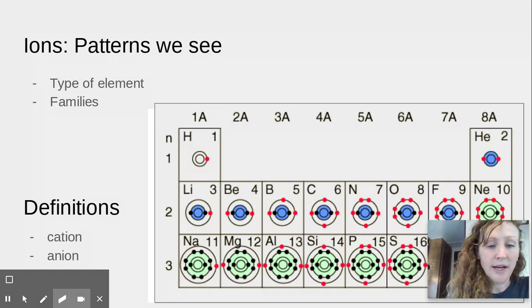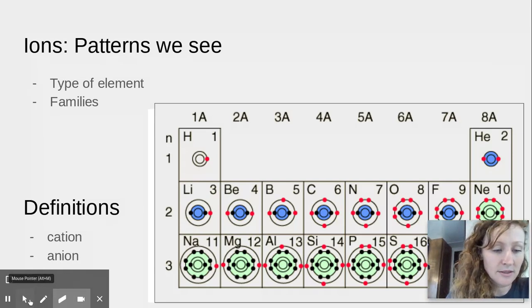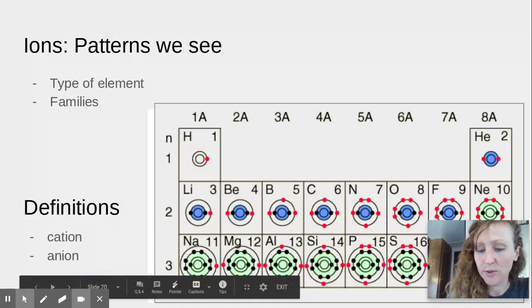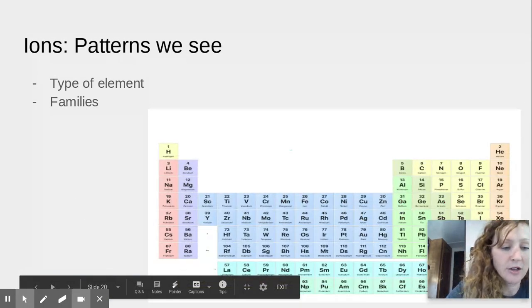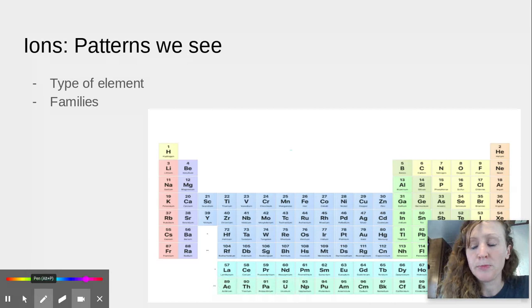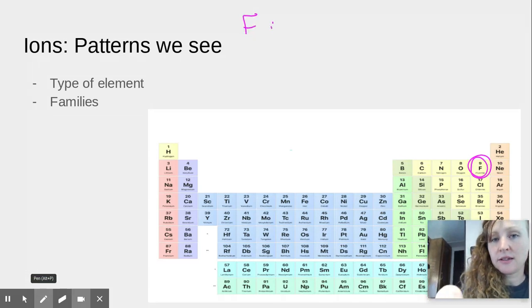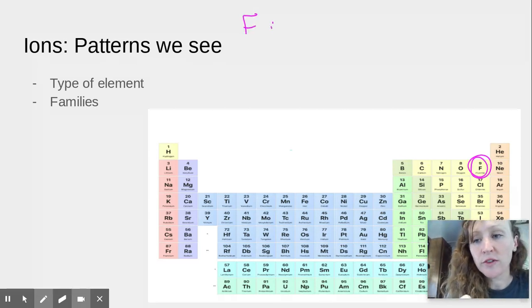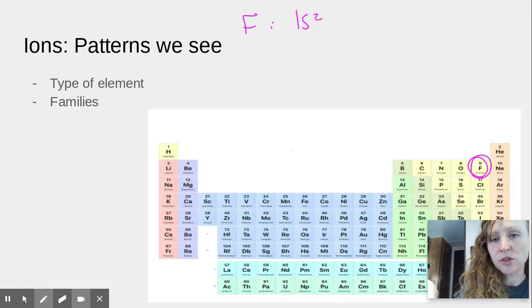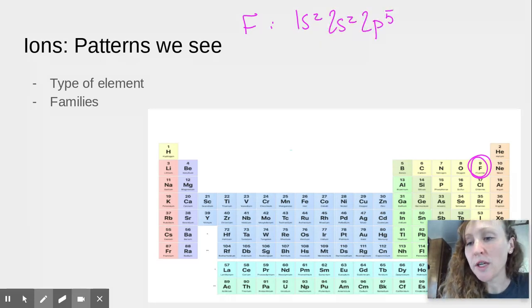If we go back to our periodic table here, and we pick something like fluorine, let's look at the electron configuration for fluorine. 1s2, 2s2, 2p5. Now, fluorine we know has those 7 valence electrons.